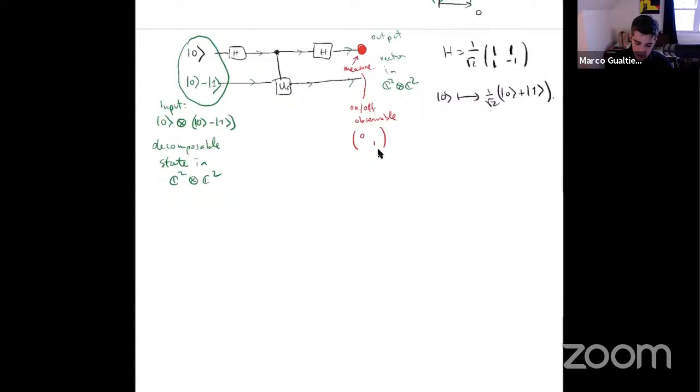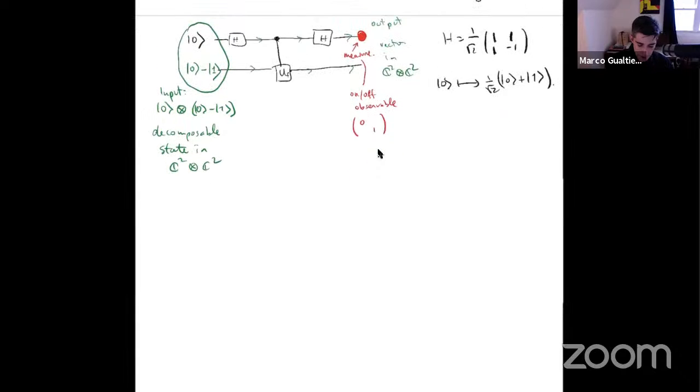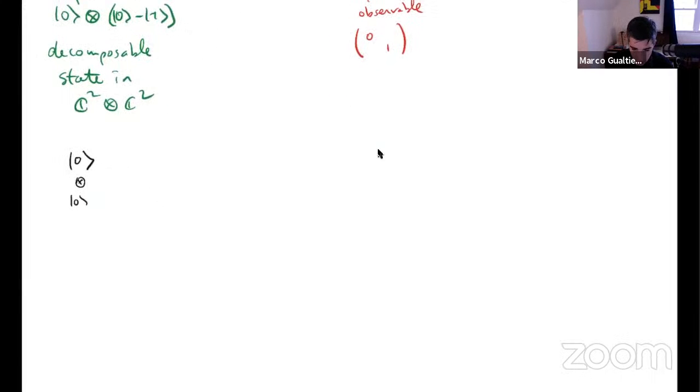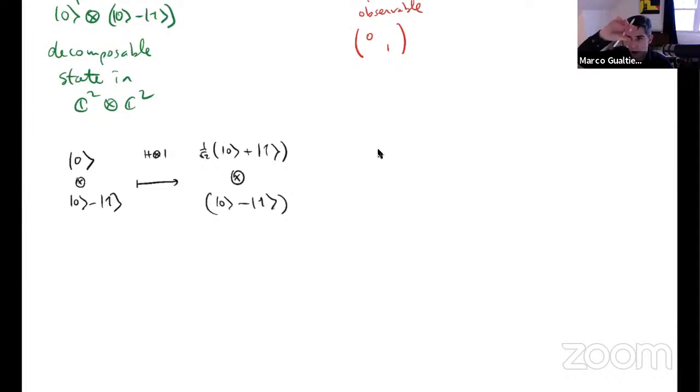So let me just do it in a kind of shorthand that they often use. So let's go step by step. So 0 tensor 0 -1 is going to be sent by H tensor 1 to, okay, I'm just drawing the tensor product vertically.